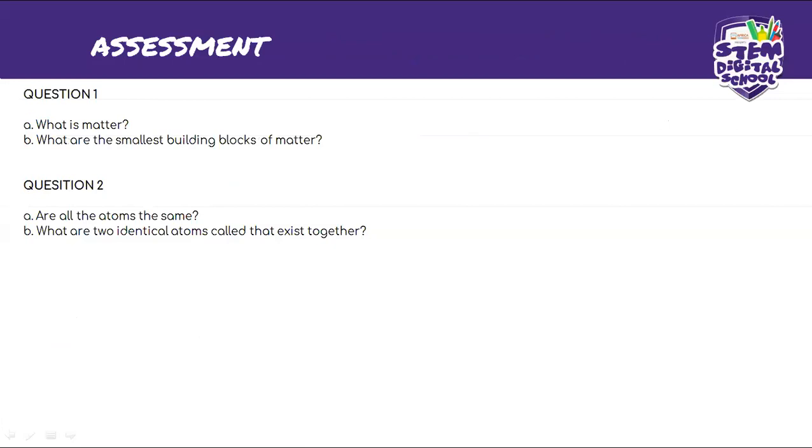Okay, I have got some questions here for you. Number 1 is: what is matter? What are the smallest building blocks of matter? Question 2: are all atoms the same? Question 2b: what are two identical atoms called that exist together?